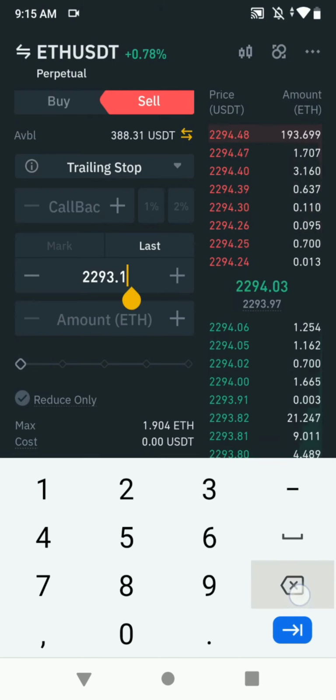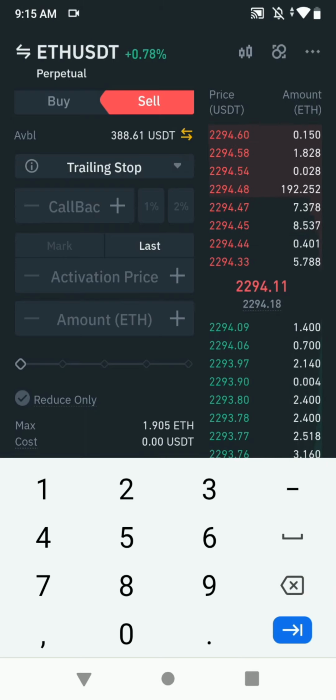So at activation price, I will type 2600. When the price hits 2600, this trailing stop will get activated, and now it will move with the market price. And if you don't fill anything in the activation price field, your trailing stop will get activated on the spot at the current market price.